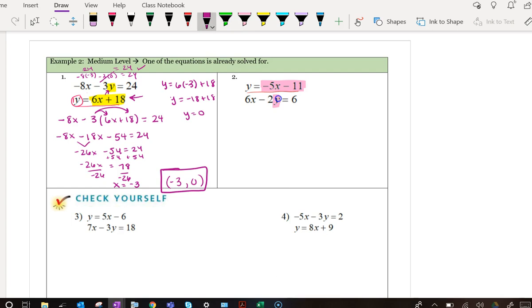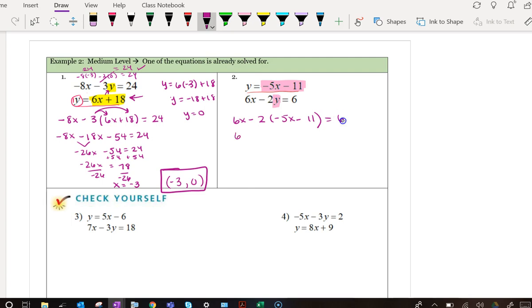So I'm going to say, all right, so 6x minus 2 times negative 5x minus 11. Whoops, I did that wrong. I made the parentheses too soon. There we go. Is equal to 6.